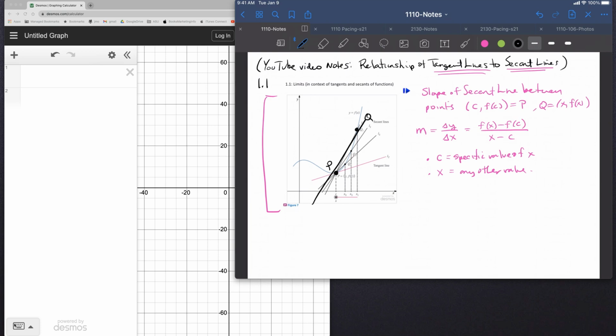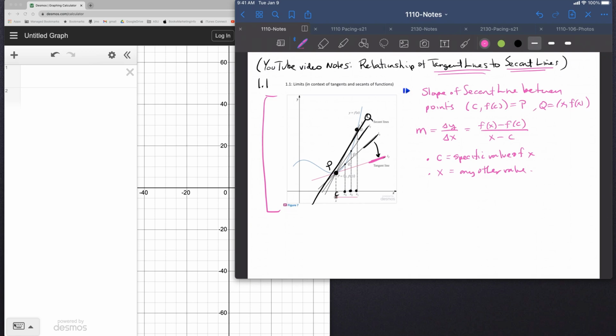If you adjust the values of x so that x gets closer and closer to the specific value of c, the secant lines keep changing, and those secant lines get closer and closer to the tangent line.